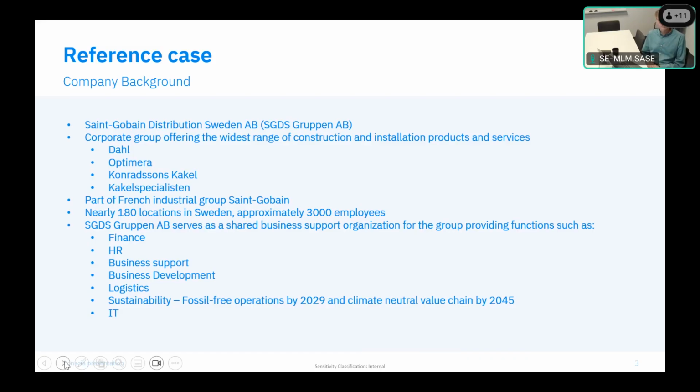It consists of a number of retail chains, nearly 180 locations and approximately 3,000 employees. I mean, retail drives quite a lot of numbers in terms of employees. So SGDS is really a business support organization for this group, and they provide a number of different services such as finance, HR, logistics, and in this case, IT services for the group.